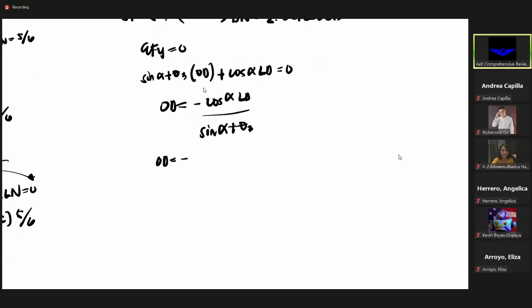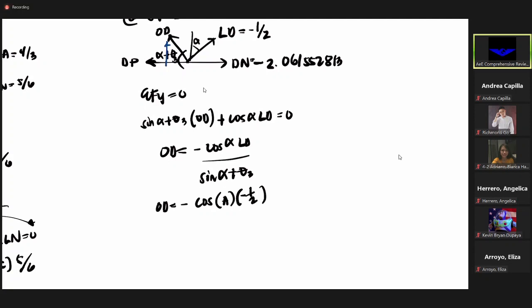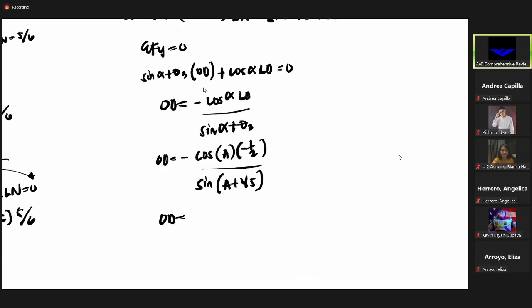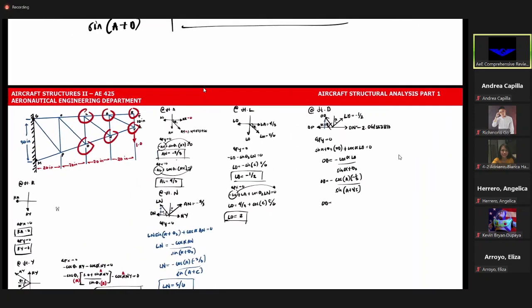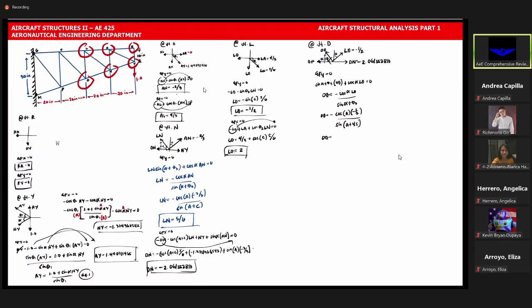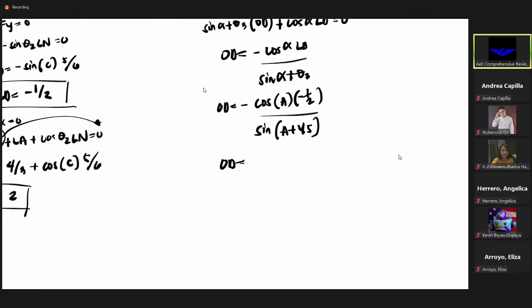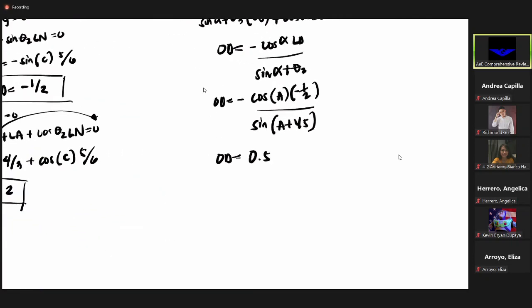And OD is equal to negative cosine store A, negative 1/2 ang LD, over sine store A plus 45. So anong sagot sa OD? Okay, 0.5656854249.